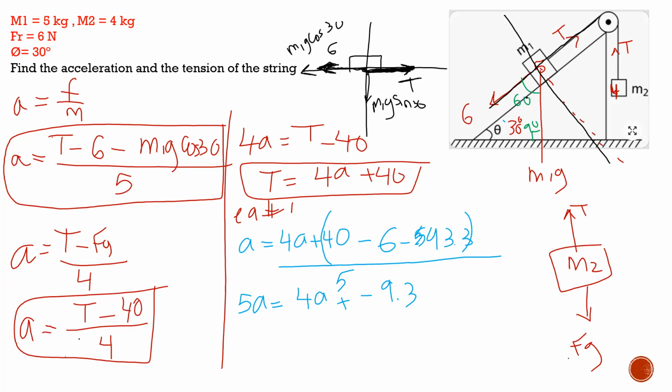So the M1G will be angled from the x-axis by 60 degrees. So here it has M1G sine and cosine 60, not 30.